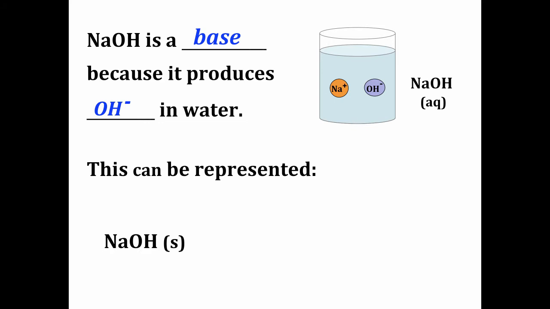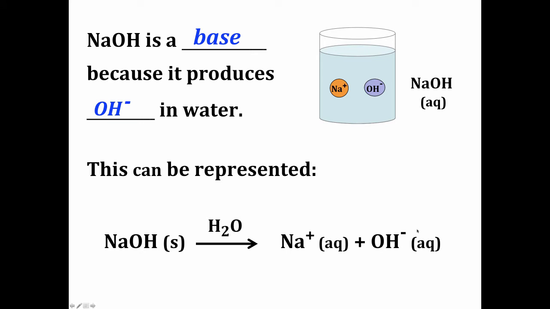NaOH solid, when we add water to it, makes Na+ ions and OH- ions, and the formation of hydroxide ions in aqueous solution is what characterizes sodium hydroxide as a base.